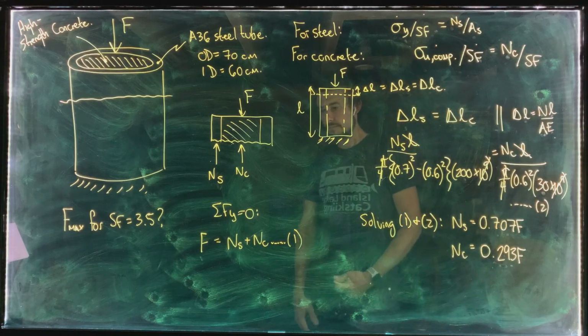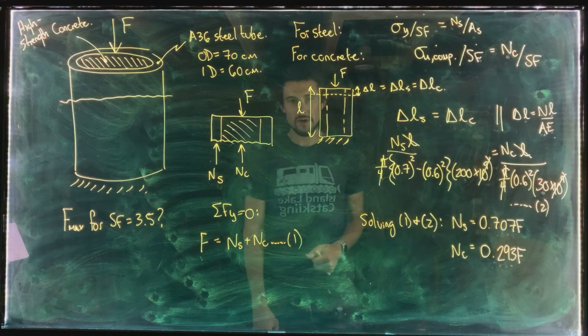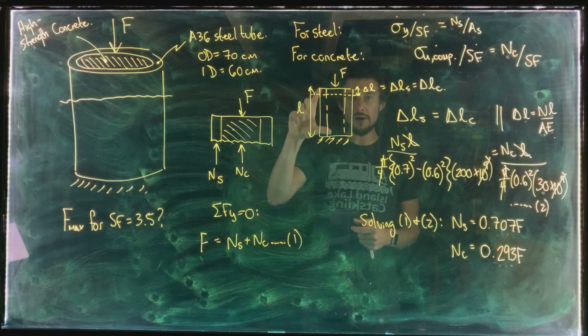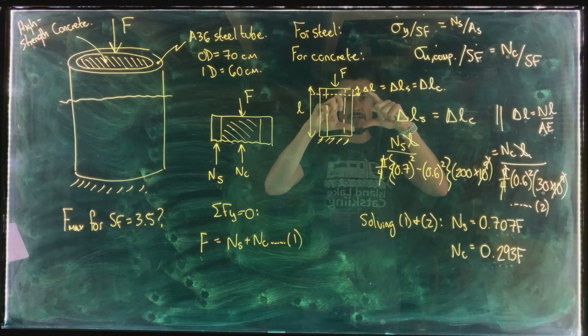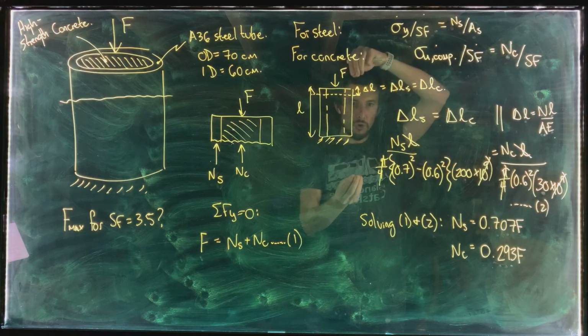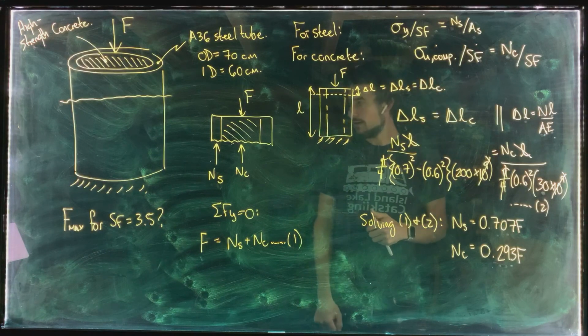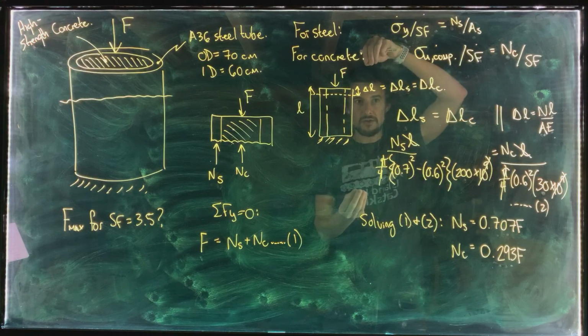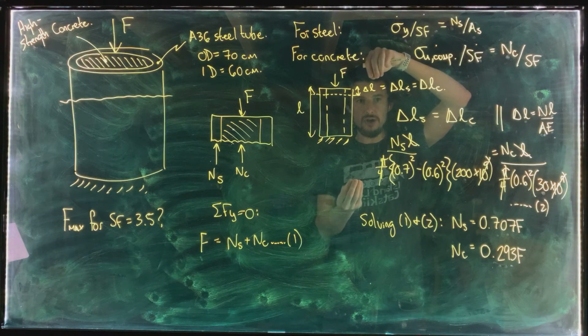You can think of the same thing if you hold a metal wire and an elastic band together and you try and pull them both, then your pull is going to be mostly resisted by the metal wire and not the elastic band.